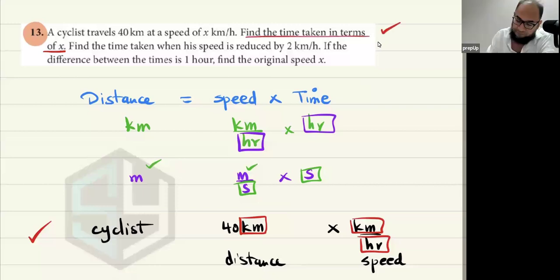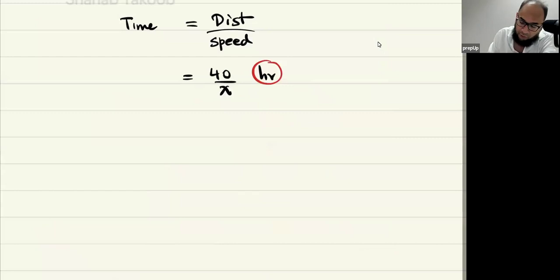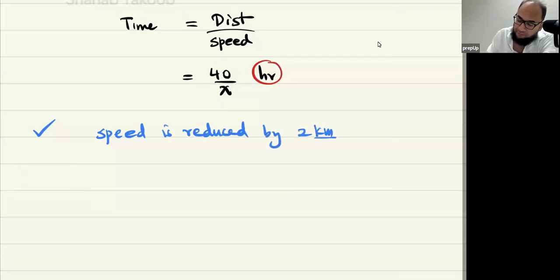This thing is done. Now it says find the time taken when his speed is reduced by 2 km per hour. So now if speed is reduced by 2 km per hour, first of all, the new speed will be x minus 2 km per hour.